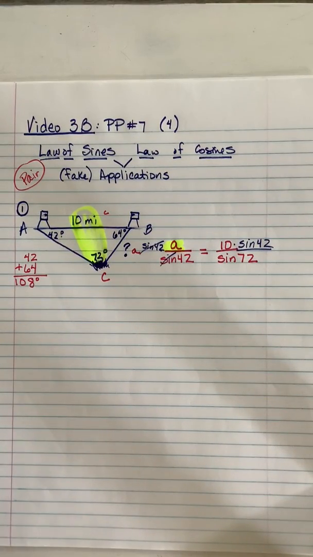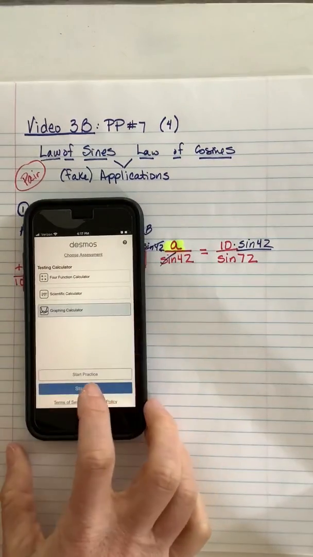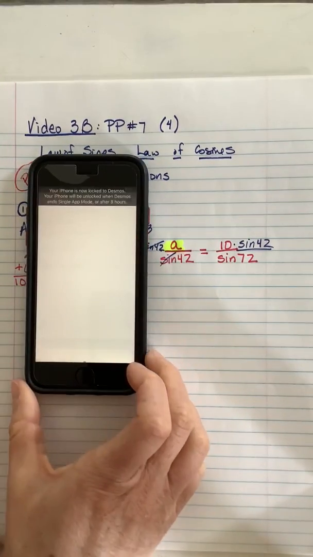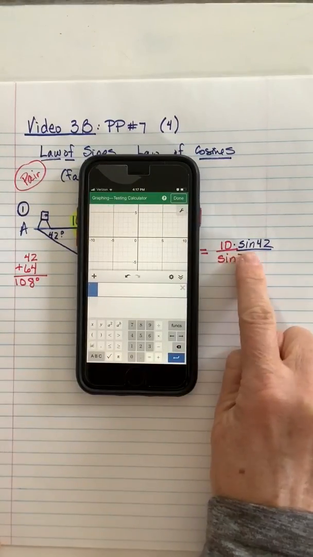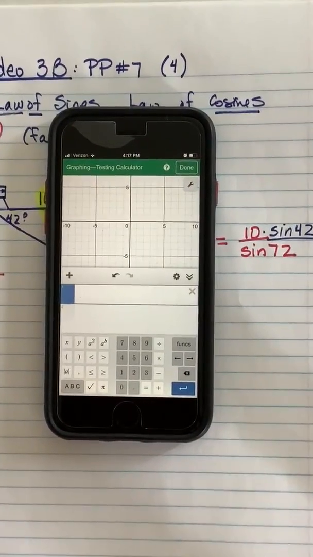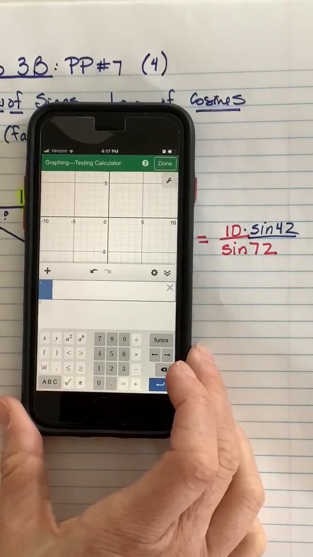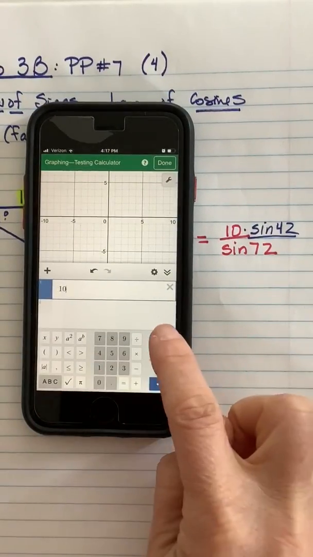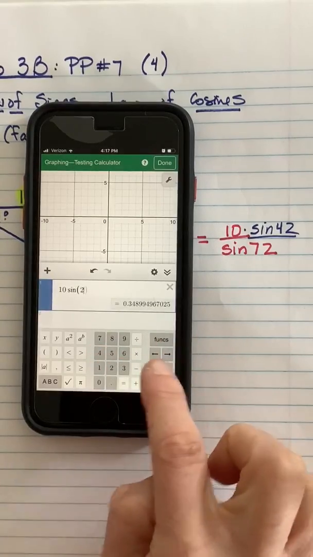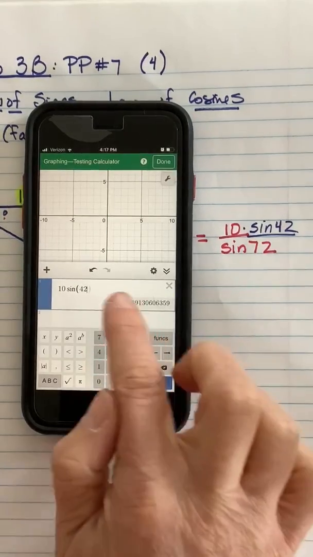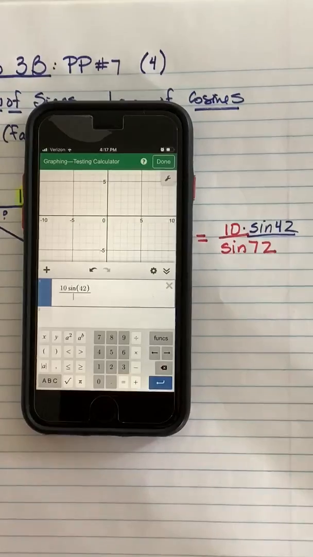It's great. Okay, Desmos time. So I am here where I need to input that information. So I'm going to go 10 sine 42, divided by sine of 72. At this point, you guys should be pretty good at finding all your buttons.